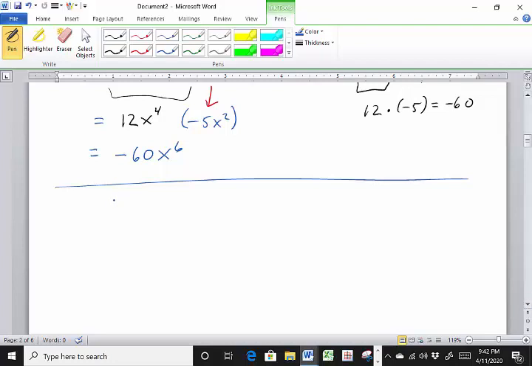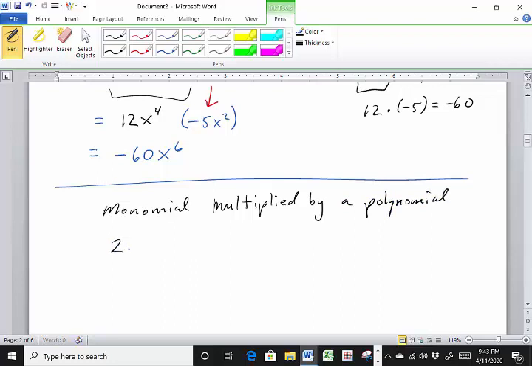So let's go a monomial multiplied by a polynomial. Let's do this. Let's do minus 5a squared b, times 2a squared minus 3ab.